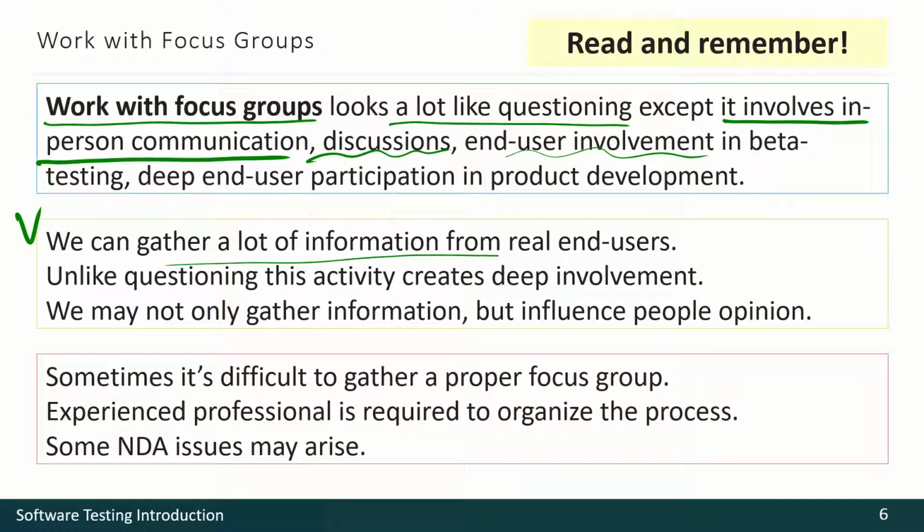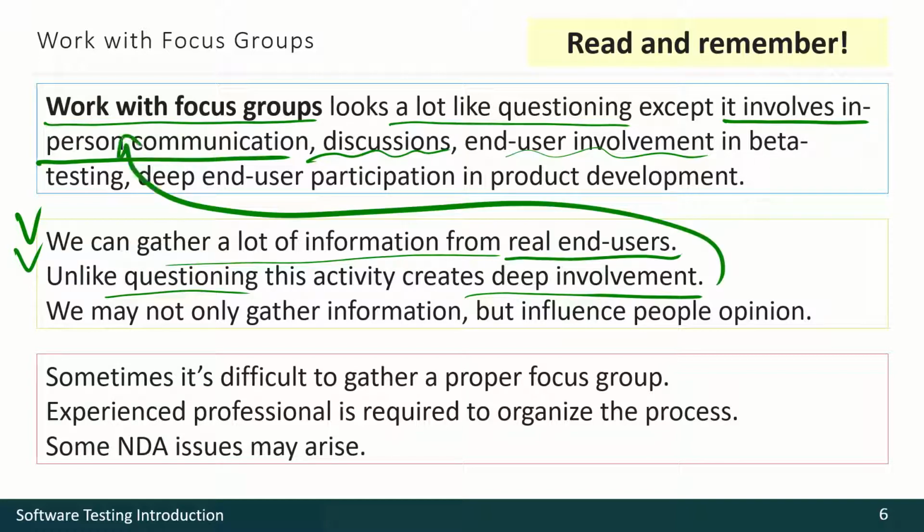Now we can gather a lot of information from real end users, and as long as we usually carefully collect those focus groups, these are real end users, not some random people on the internet answering our questionnaires. Unlike with questionnaires, this activity creates a deeper involvement because it's usually in-person communication, and so people are right here.